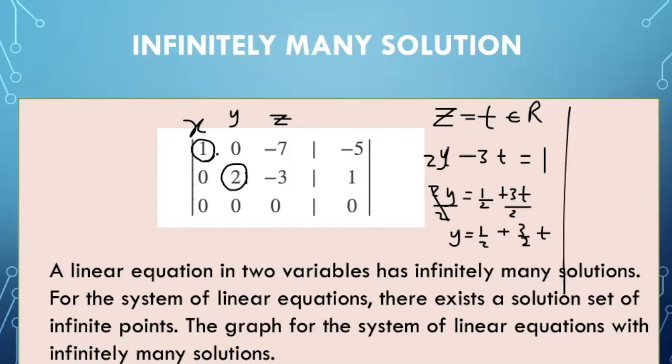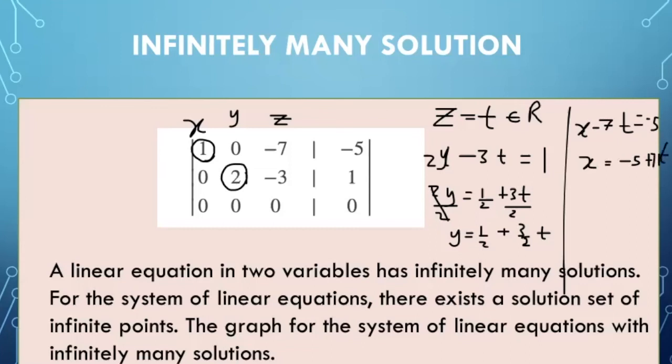So the first row becomes x minus 7t minus 5 equal minus 5. So carry that over, x is equal to minus 5 plus 7t. So all values are in terms of t.